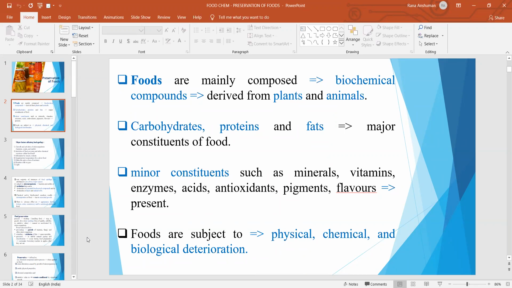Foods are subject to physical, chemical, as well as biological deterioration because they are perishable in nature.